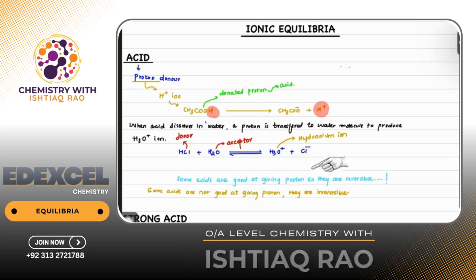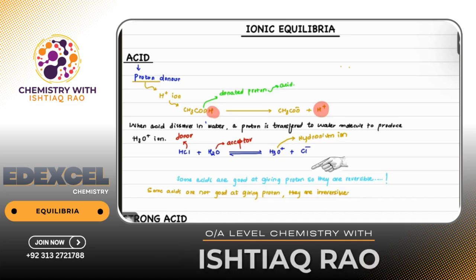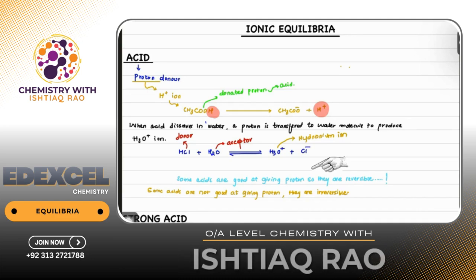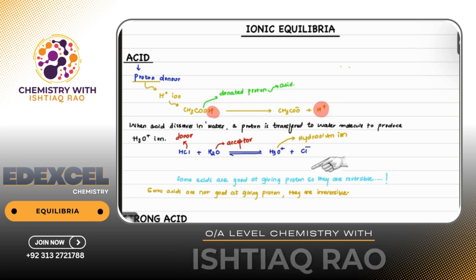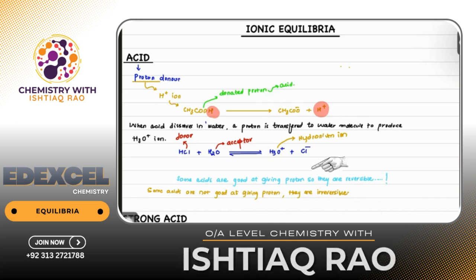What was going on in a dative covalent bond when ammonia was reacting with H positive ions? Since ammonia has a lone pair of electrons on the nitrogen, ammonia is giving its lone pair of electrons to the H positive ion. So ammonia is a base.